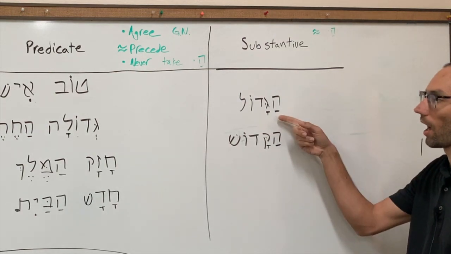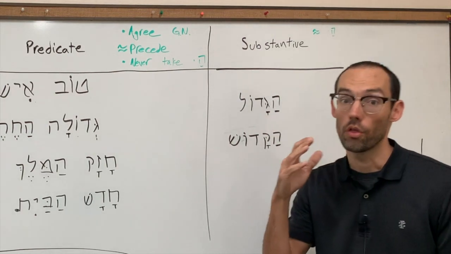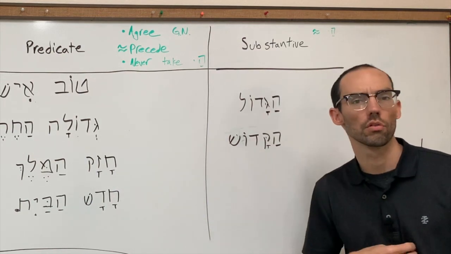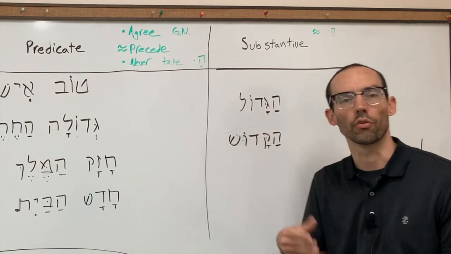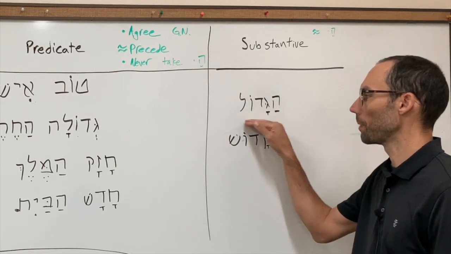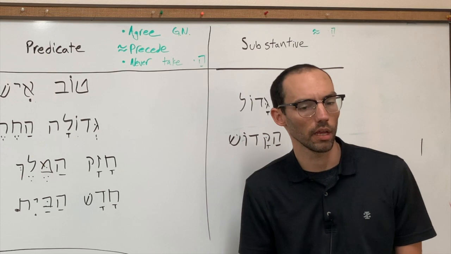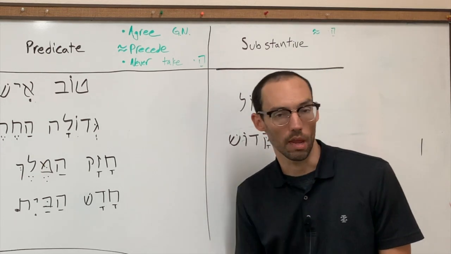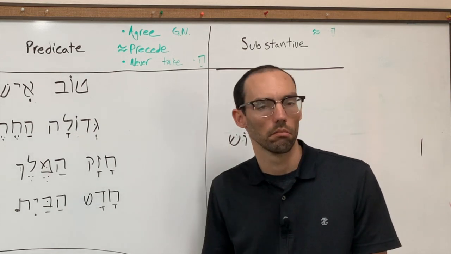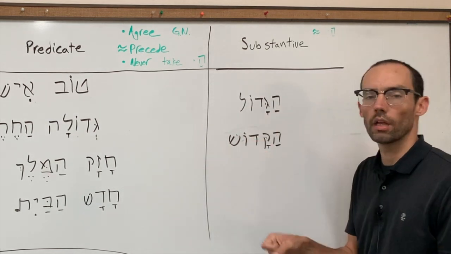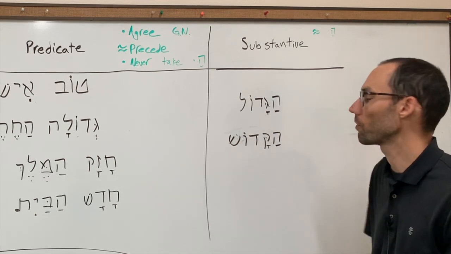So here we've got Hagadol, the great, meaning the great ones, or the great one. But because English does it the same way, I think it's fine to just translate it the great. The great came into my banquet. People know what you mean. But you could add the word one if you want.